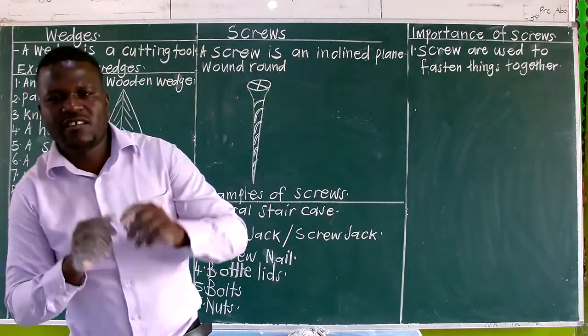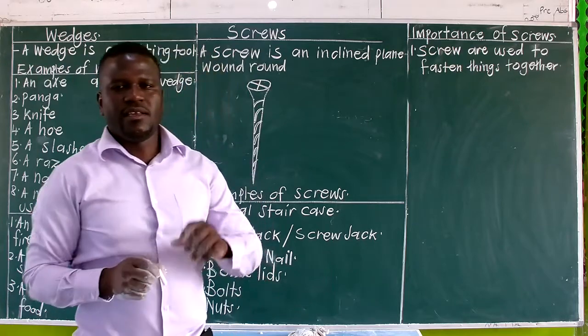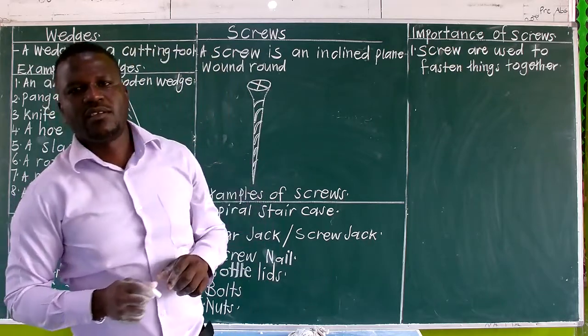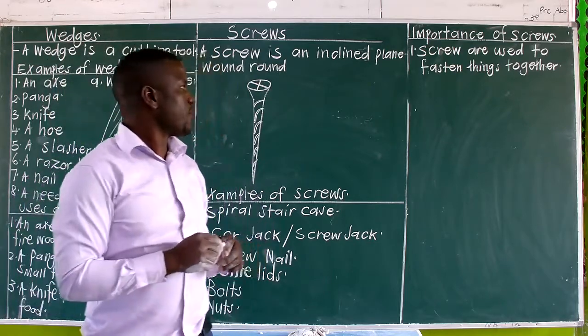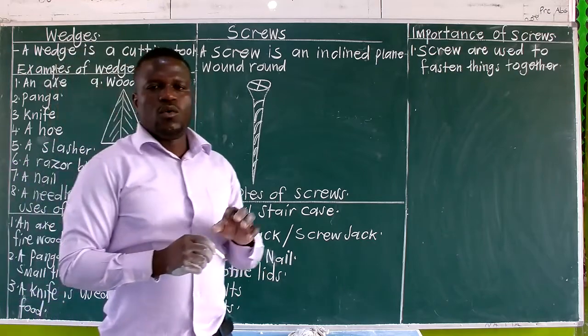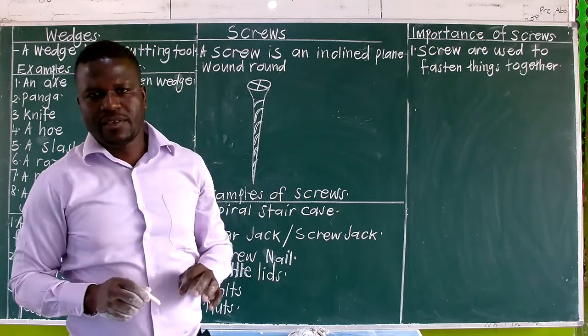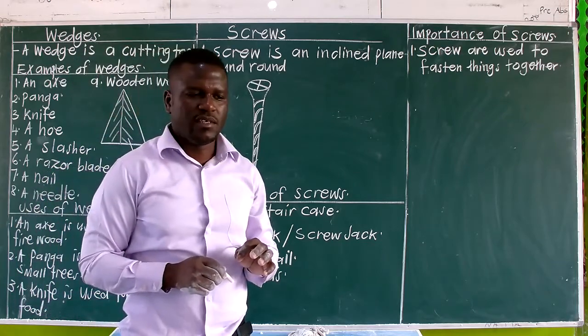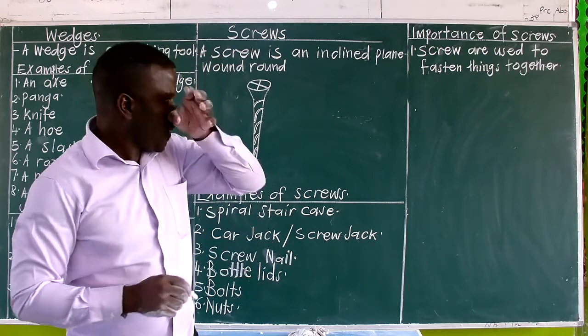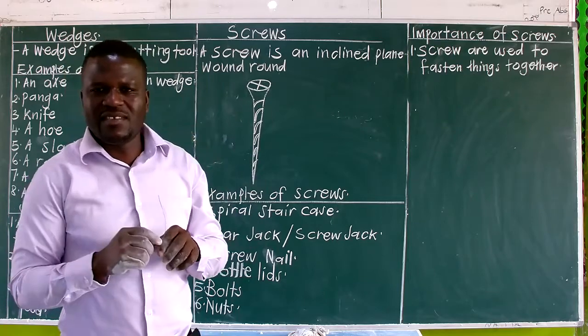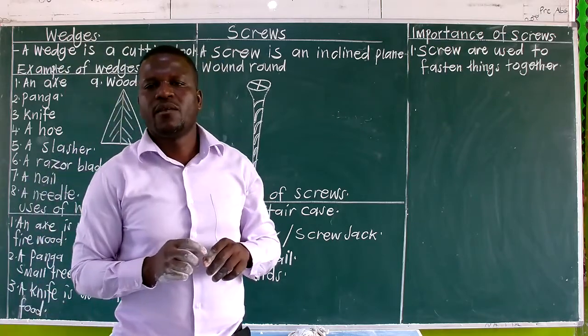What holds that pencil? It is a bolt and a nut. So a bolt and a nut in your pair of compass fasten the pencil, so the pencil is tight enough.